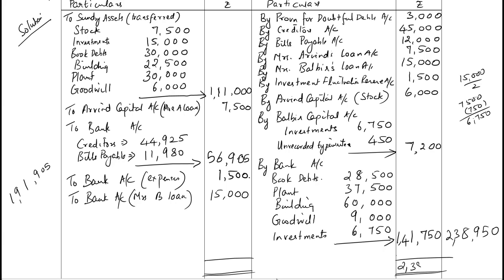The greater total on both sides, 2,38,950. On deducting 1,91,905, we get gain as 47,045.